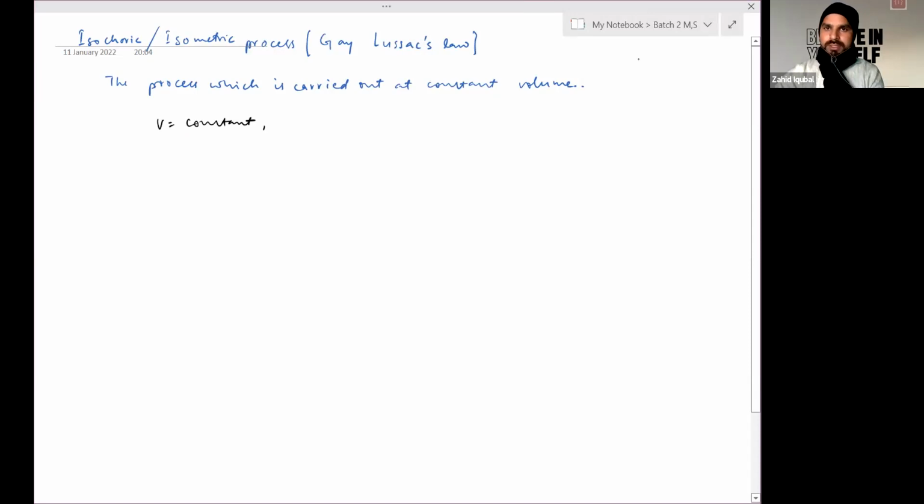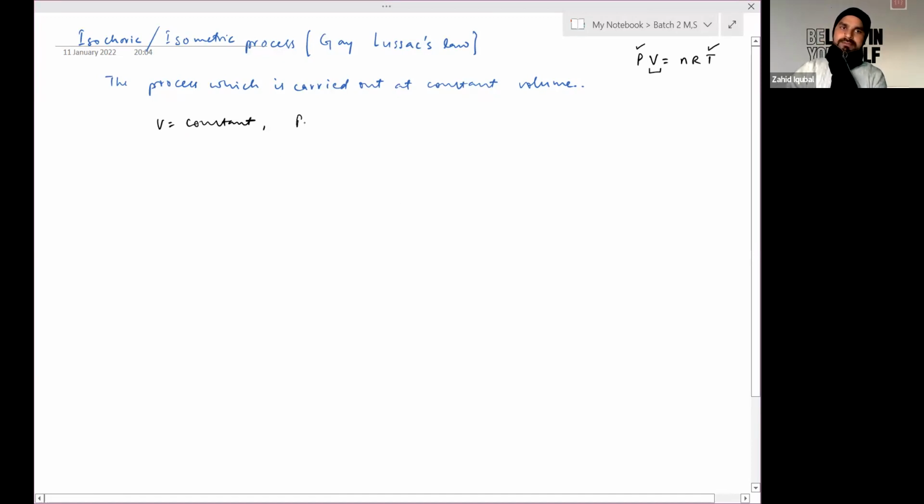According to ideal gas equation, PV equals to nRT. So if volume is constant, so pressure and temperature related directly proportional to each other. So we can write pressure directly proportional to temperature. So P1 divided by T1 will be equals to P2 divided by T2. This will be termed as equation of state related to this process.